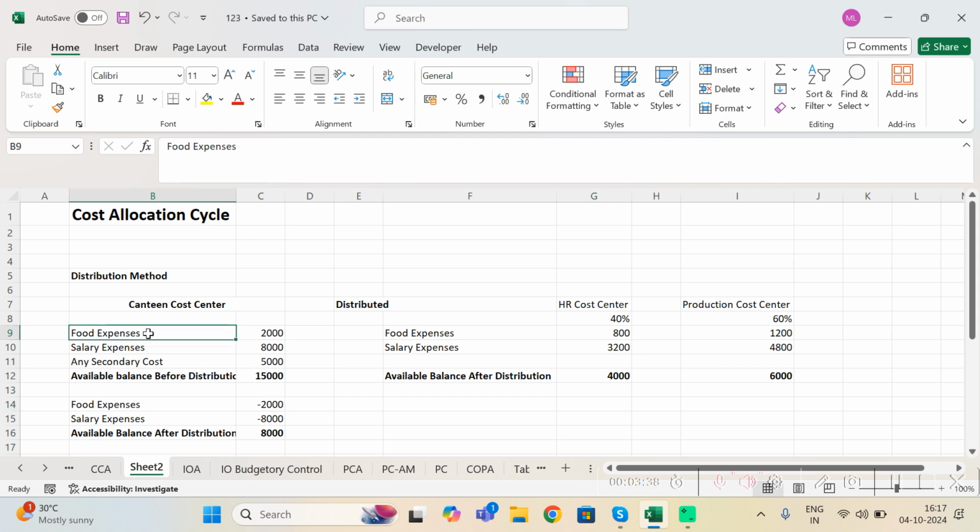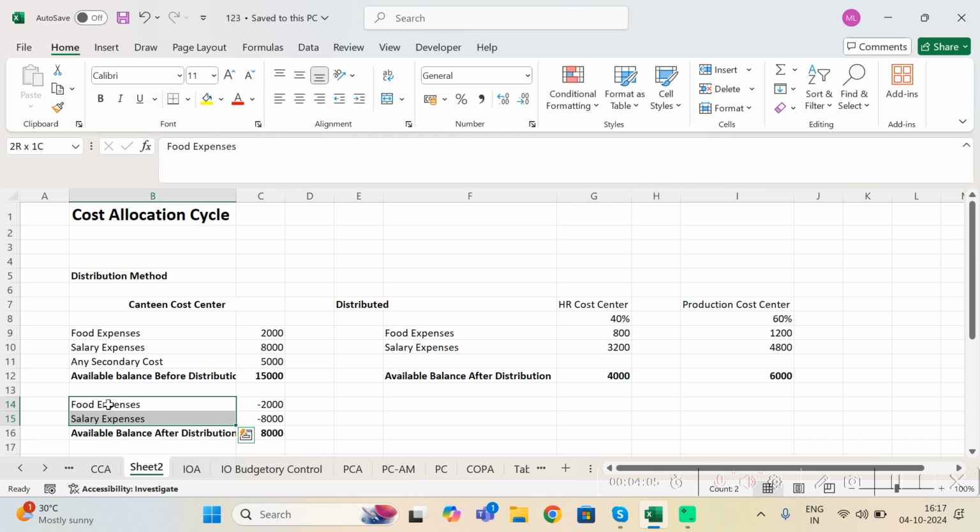So food expenses of 2000 positive will become minus 2000, and the salary expenses cost element, which was positive, will become negative. In the same cost center, if you check the report, you will find a total of 5 line items: the 3 line items and 2 more line items after the distribution.